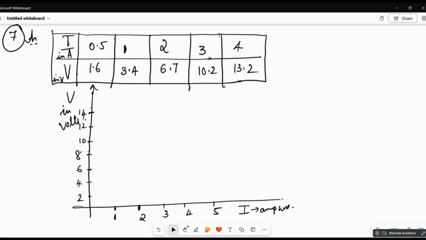So for 0.5 amps, voltage is 1.6. Voltage between 0 and 2 is 1, so in between you have to take 1.6. Then 1 and 3.4.